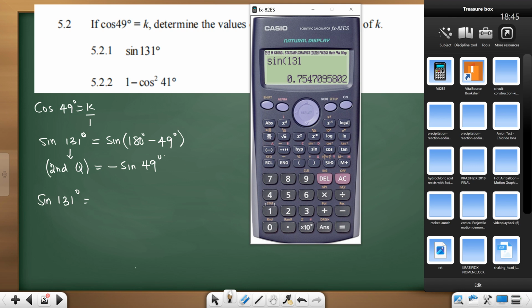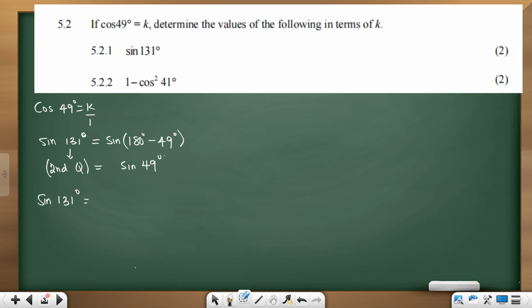I'm going to reverse the answer by saying shift sine of that answer that I got. 49. Oh, sorry, second quadrant, sine is positive. 49. Can you see my sine 49? I'm done. That's where the mark is. 1 mark. So all this 180 minus really doesn't fetch you a mark.